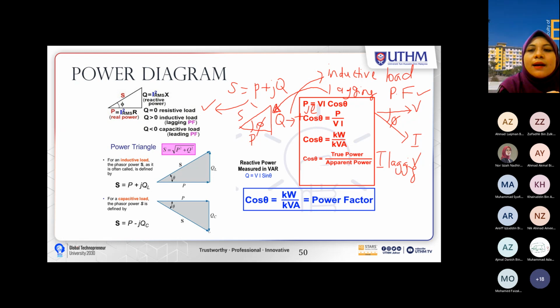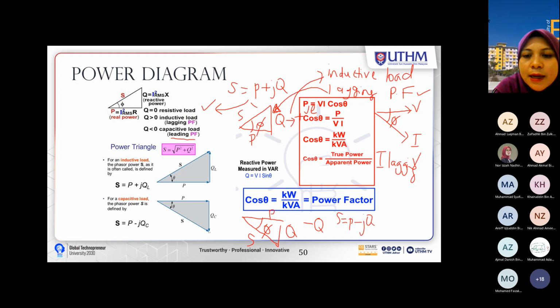Kalau leading, bila kita kata leading power factor, dia capacitive load. Dia terbalik lah. So this one is S, this one is P, this one is Q. Q dia akan jadi negatif. So S sama dengan P tolak jQ.